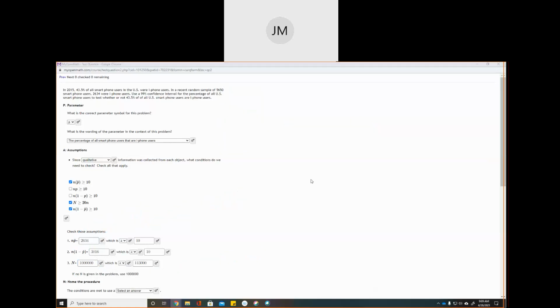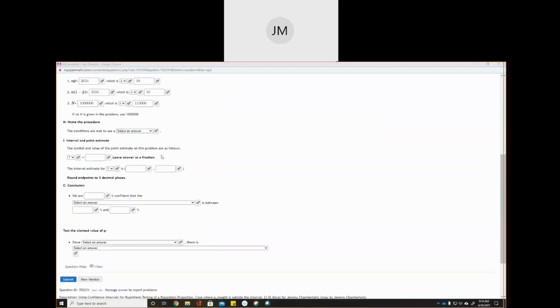Now let's go down a little bit. The procedure that we're going to use to create our confidence interval is that 1 proportion z interval. For the interval and point estimate, the point estimate is going to be p hat, the proportion that we get in our sample.